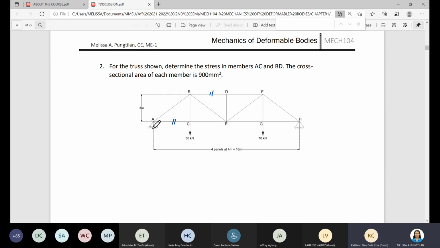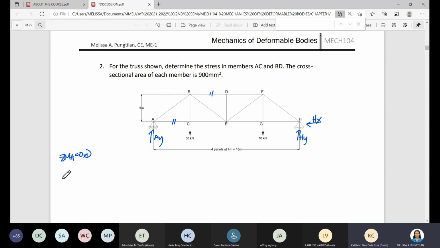So, meron tayo ditong roller. So, sa roller, meron tayong AY. And then, if we have hinge, two reactions. We have HY and then HX. Okay. So, taking the summation of moment at H is equal to 0, clockwise positive.